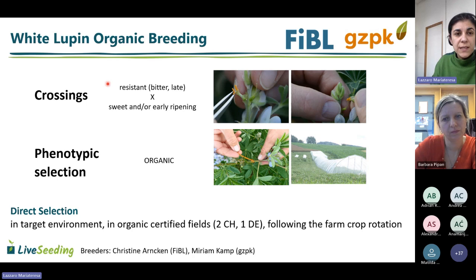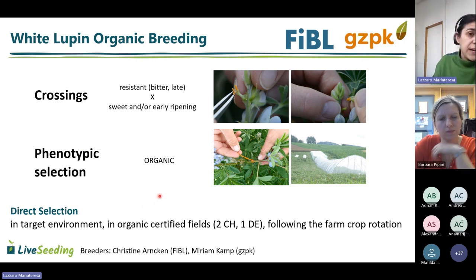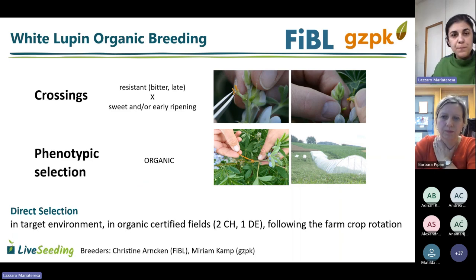The crossings usually try to cross resistance, which is usually a bit late because it comes from genetic resources, with elite material, which is low in alkaloid and early ripening. Then all the phenotypic selection is done in certified organic fields, 2 in Switzerland and 1 in Germany.